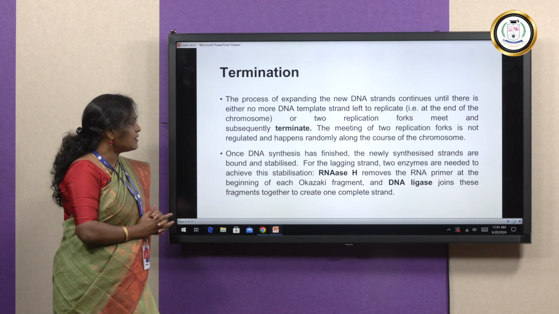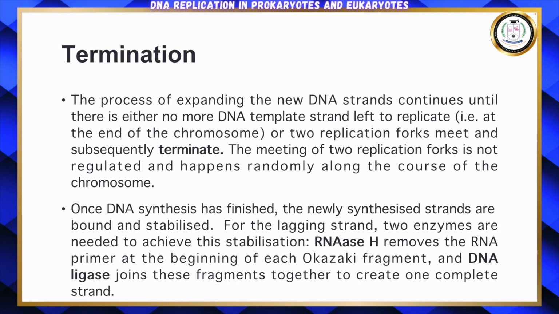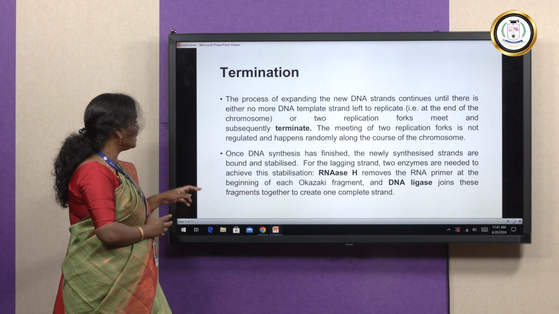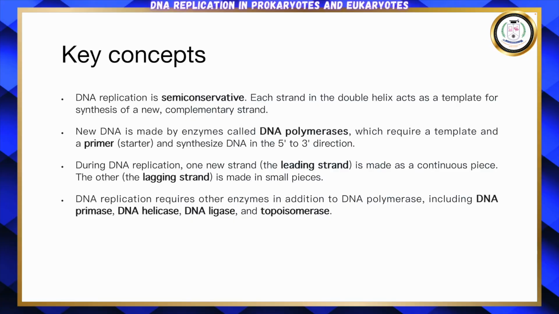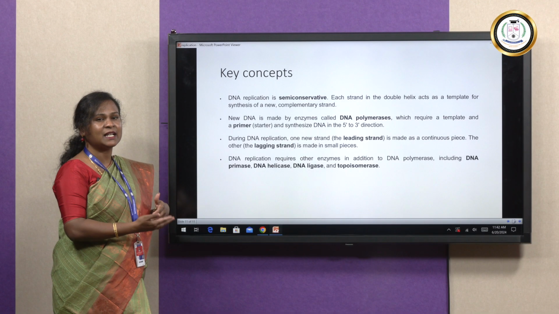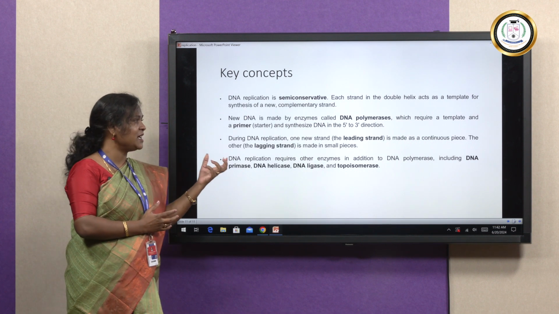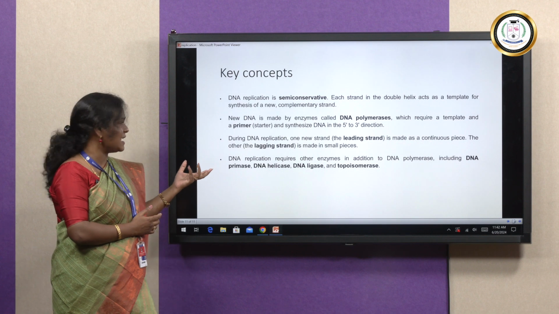And RNase H is a very important enzyme which helps in removal of the RNA primers, and DNA ligase joins the discontinuous Okazaki fragments, which I was speaking of a while ago. And so the key important concepts that we have learned from this particular process is DNA replication is a semi-conservative process, and DNA replication is a very well mediated process which employs a lot of DNA polymerases, proteins and different enzymes.